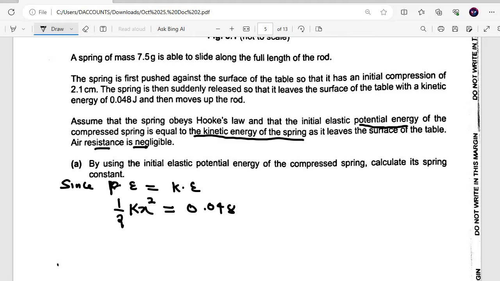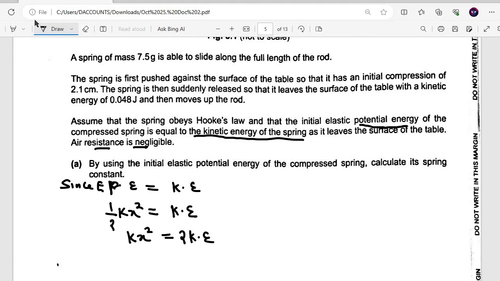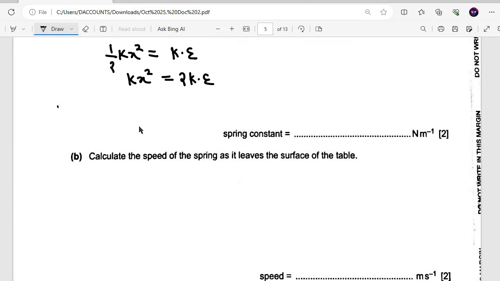What are we looking for? Calculate the spring constant. Okay, let me make the spring constant the subject of the formula. Since elastic potential energy, let me call it EPE, is half kx squared, and kinetic energy is already given, I'm looking for the spring constant. K is the spring constant. So x squared is equal to 2KE over k.